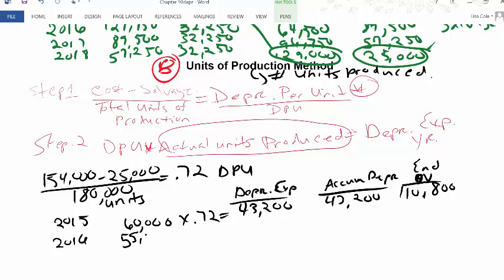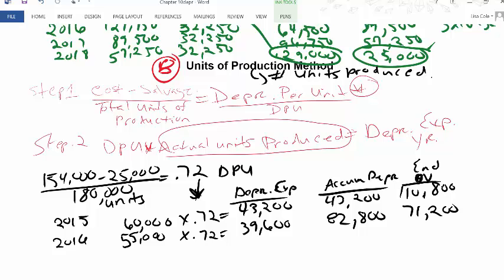So let's say in the second year we produce 55,000 units. I'm going to multiply that times 0.72 because remember this number is not going to change. Same number. And then I would get depreciation expense of $39,600. My accumulated depreciation then becomes $82,800 and my ending book value is $71,200.